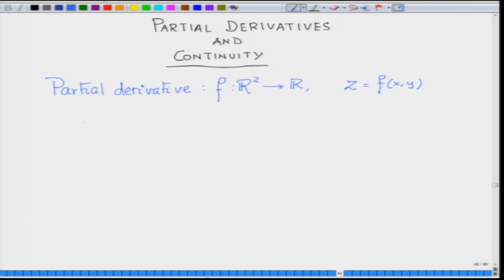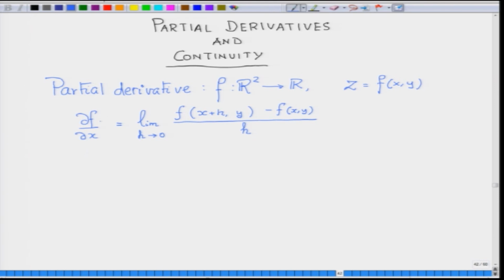At a given point x y, the partial derivative of f with respect to x is given as the limit of f of x plus h, y, since I am just changing x and y is fixed, minus f at the point x y, divided by h, as h tends to 0. So, I am using my knowledge of one variable calculus. Of course, you can say x naught, y naught and calculate that at that particular point.